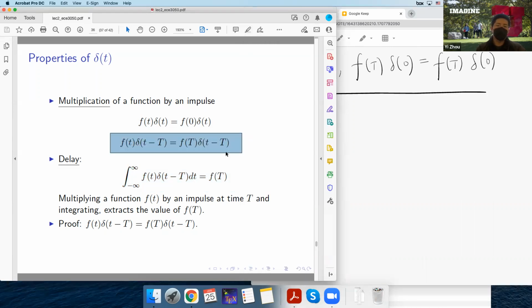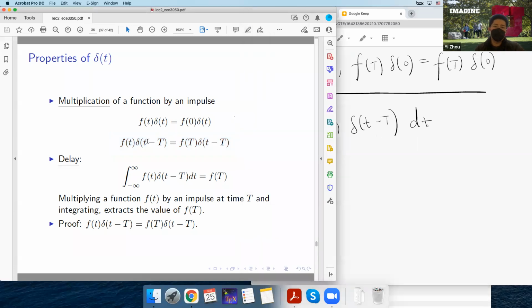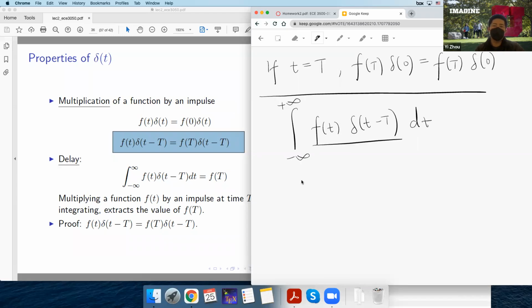Now, because of this equation, we can take integration over t. With this equation, we know that we can replace f(t) by f(T).